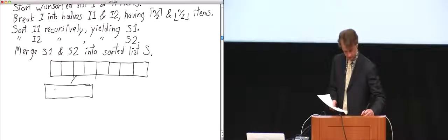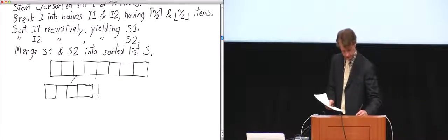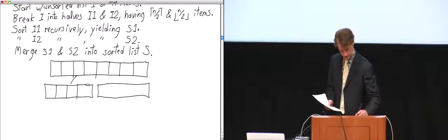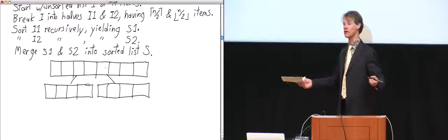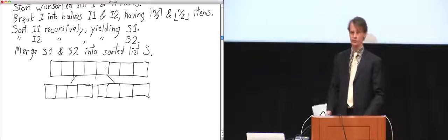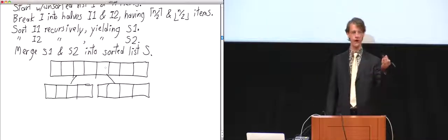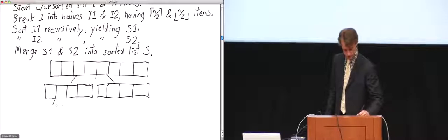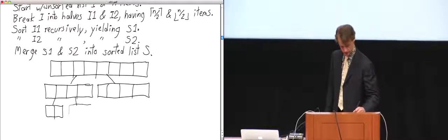So there's a group of 4 here, and there's another group of 4 here, and we will recursively call merge sort on those. And what do they do? Well, they take those 4 items and break them up into 2 lists of 2, and recursively call merge sort on those.